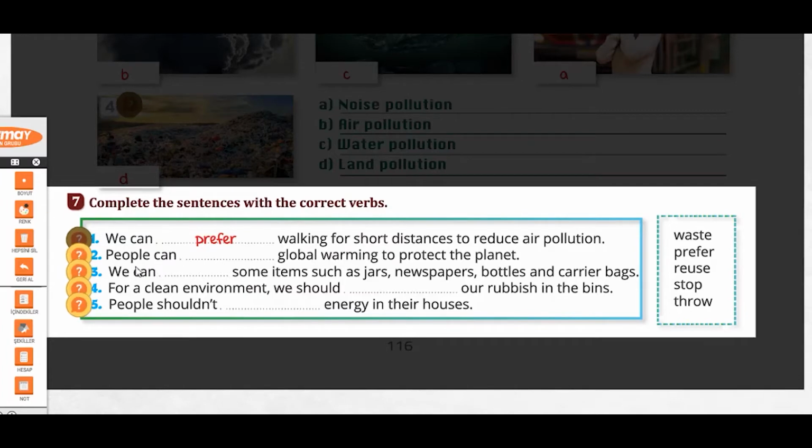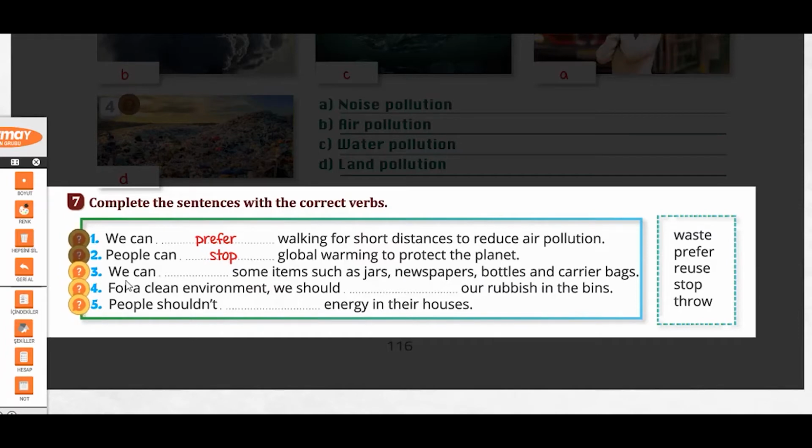2. People can global warming to protect the planet. Which one? Waste? No. Reuse? No. It's stop. People can stop global warming to protect the planet. 3.